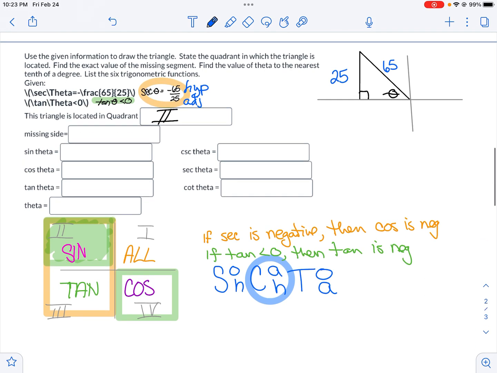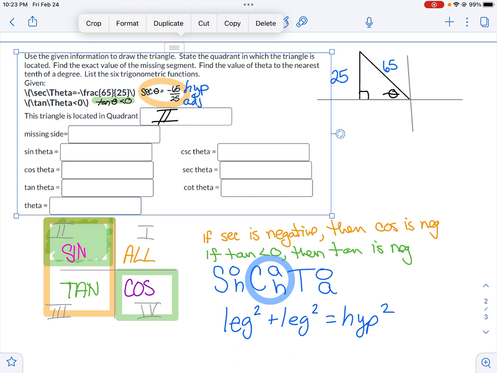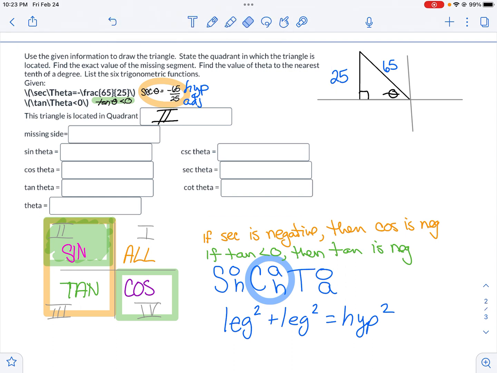Then we know the Pythagorean theorem is leg squared plus leg squared equals hypotenuse squared. I put the adjacent in the wrong place, my friends. Let me fix that, sorry. The adjacent side of the triangle is down here, isn't it? Yes, hello. All right.